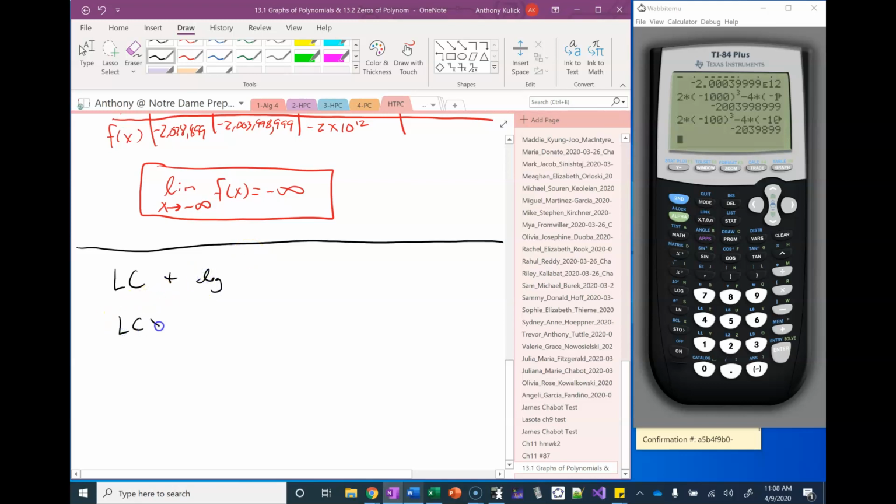So if the leading coefficient is positive and the degree is even, then both limits are the same. They're both going to be positive infinity.